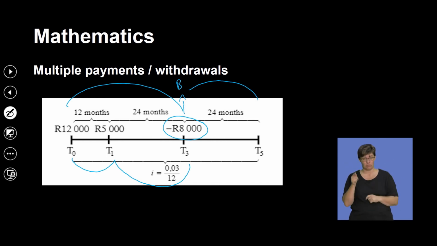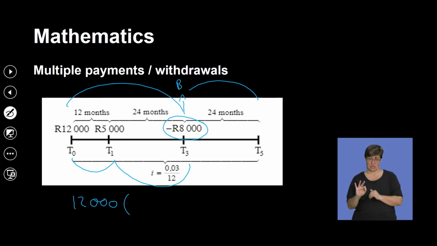So if we do a calculation for this, we will then say that this is actually going to be the 12,000, right? The 12,000 gained interest for the whole duration of the investment until T3, before she actually withdraws this much, right? So I will then calculate this for the 3 years at a rate of 3%.